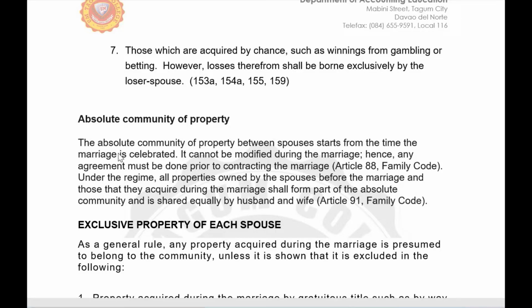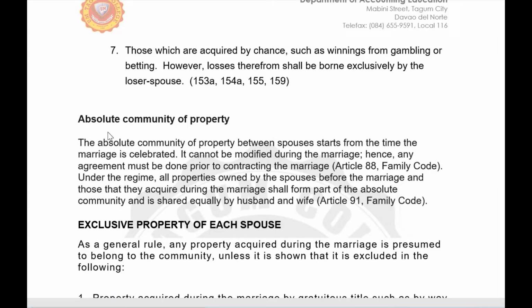So yung property mo before marriage, no, kasi nga sa conjugal partnership of gains, yung before marriage would remain exclusive. However, dito sa absolute community, yung property mo before marriage, no, will form part of the community property in the absolute community of property na regime.